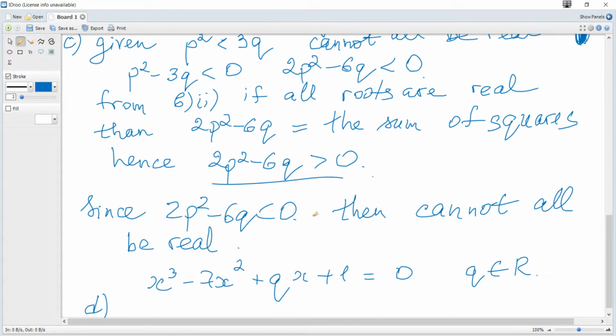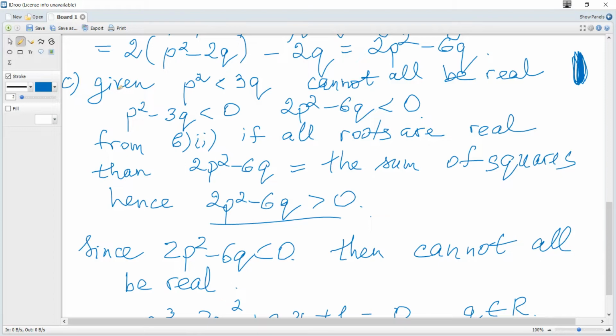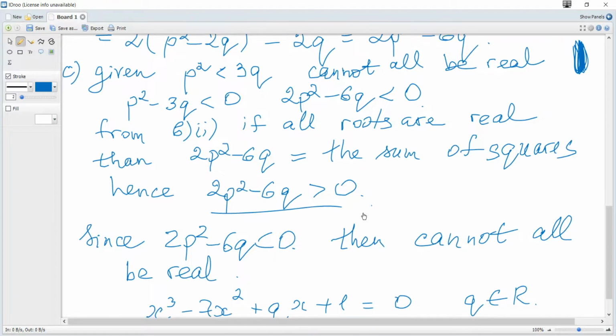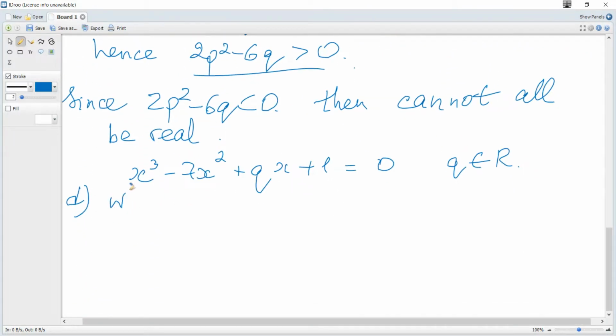So read again: using the result from part C, if p squared is less than 3q, then not all roots can be real. Show that when q is 17, this equation has at least one complex root, 2 marks.